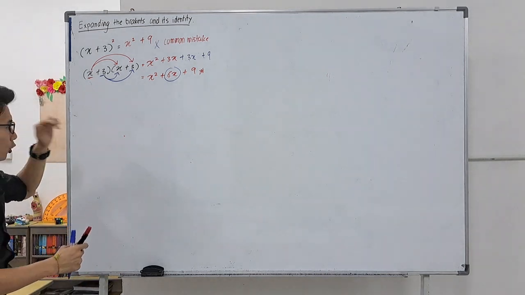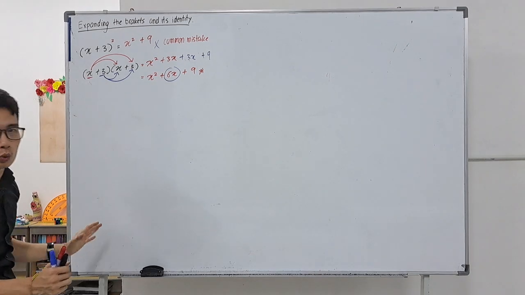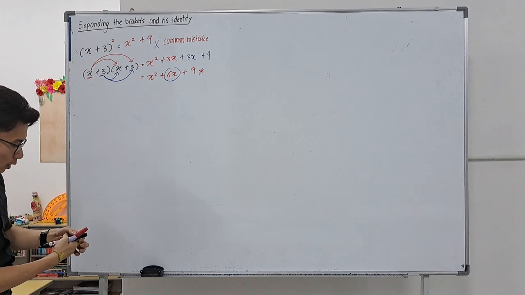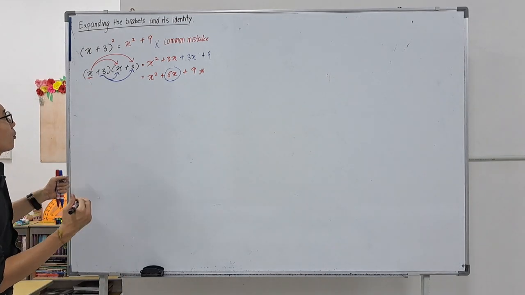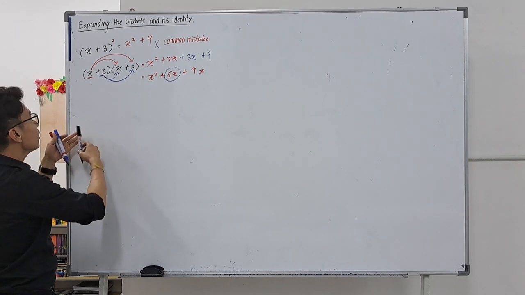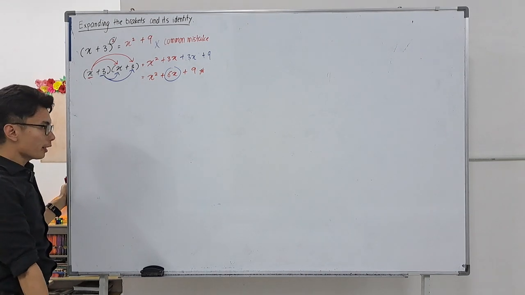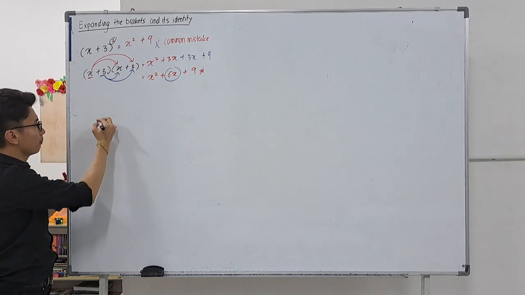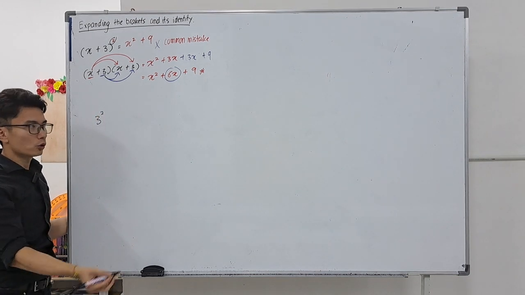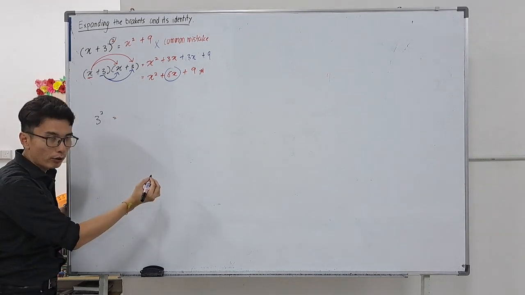To show you this proof, I'm going to change this into a diagram so you can see a big picture of what's going on. I'm going to prove this by using a square. Why a square? Because we are squaring. If I give you an example like 3 to the power of 2, 3 squared, what we are finding is the area of a square.